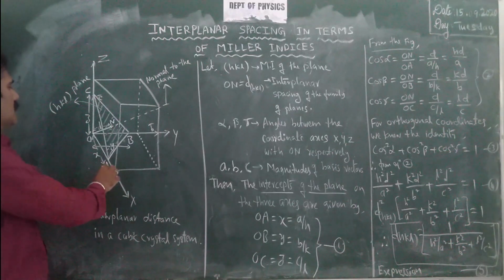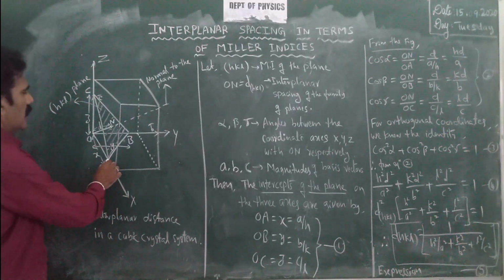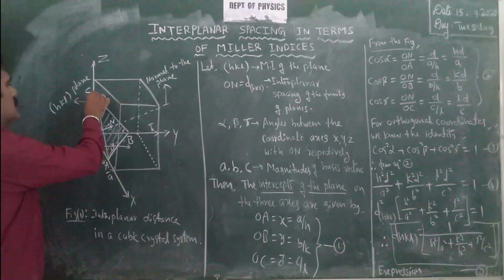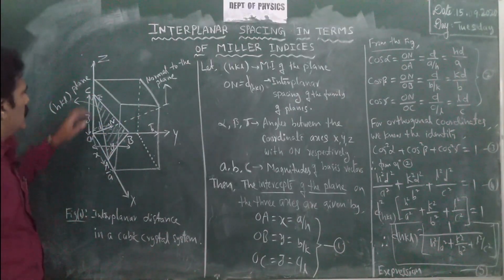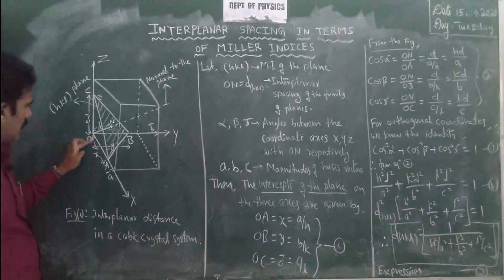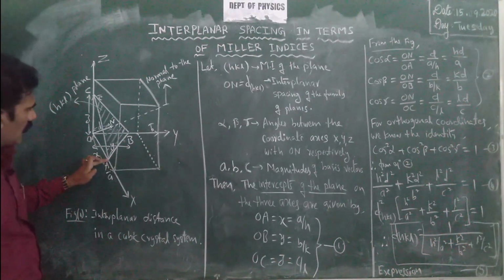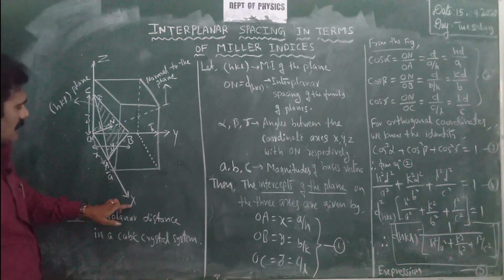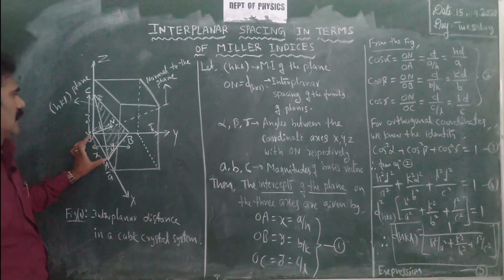It is intercepting along the x-axis at point A, along the y-axis at point B, along the z-axis at point C, isn't it? These intercepts are represented in general as small x. That means origin O to A. This length is considered as the intercept of the plane along the x-axis, so you can take it as small x in general.